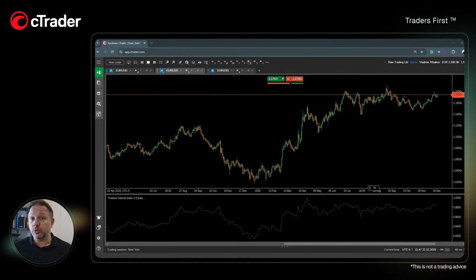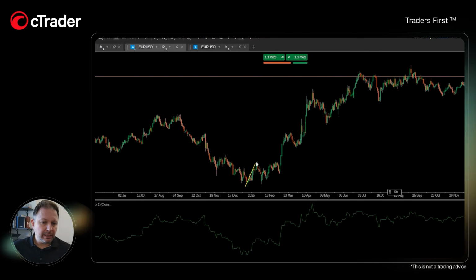Traders also use this indicator to validate breakouts. For example, when you have, as you can see here, low, high, low on the market, and then we break above this resistance zone, look what happens on the PVI indicator.